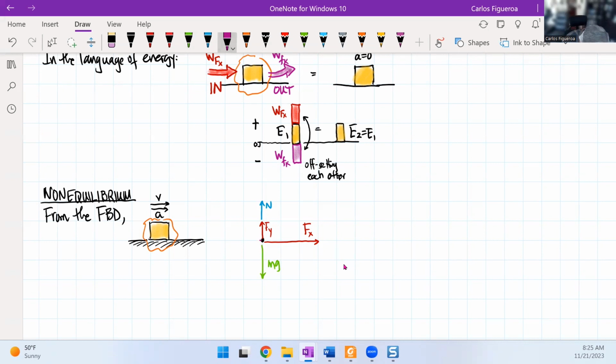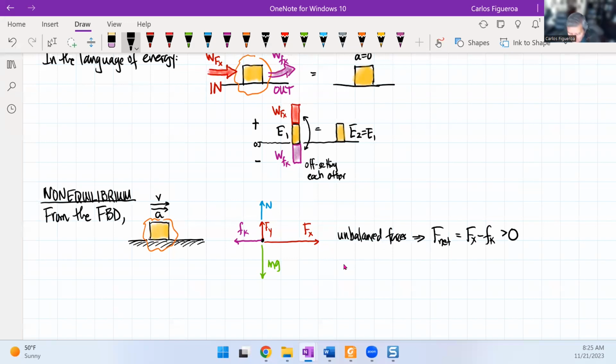So the big difference is that when you look at that, you can see here that I have unbalanced forces. That implies that I have a net force that's then going to be f of x minus f of k.